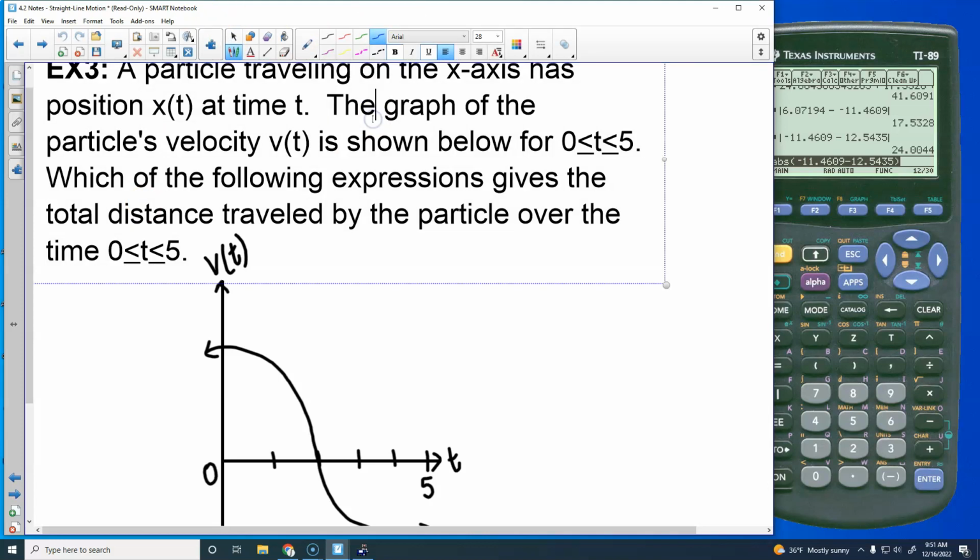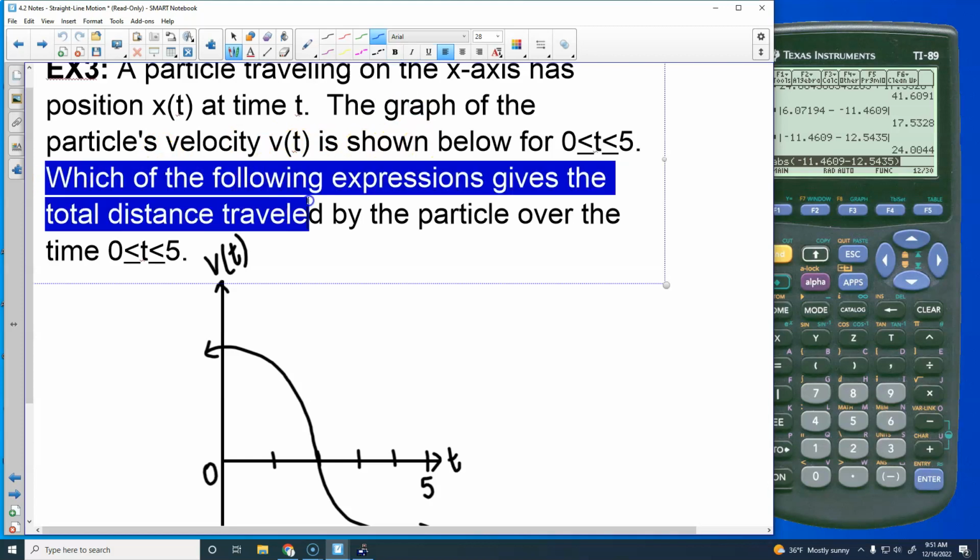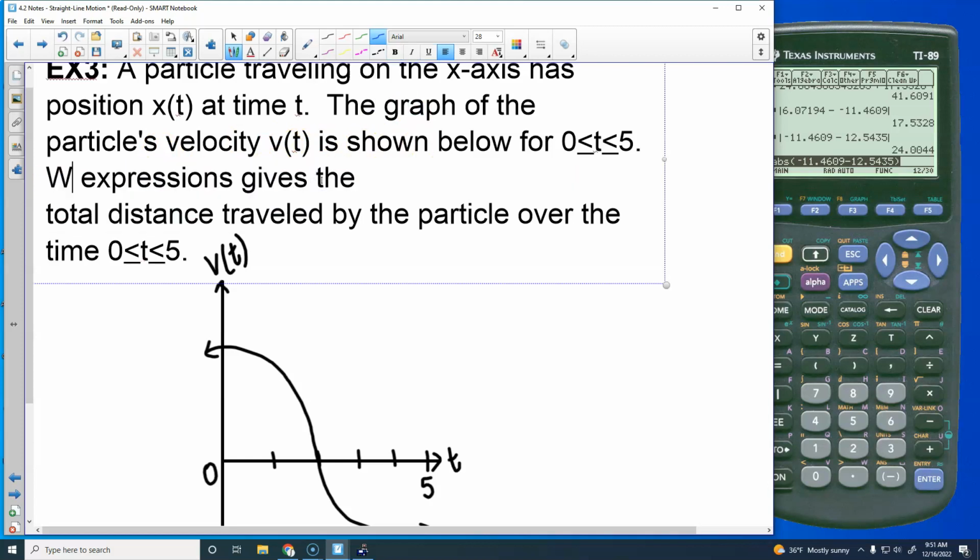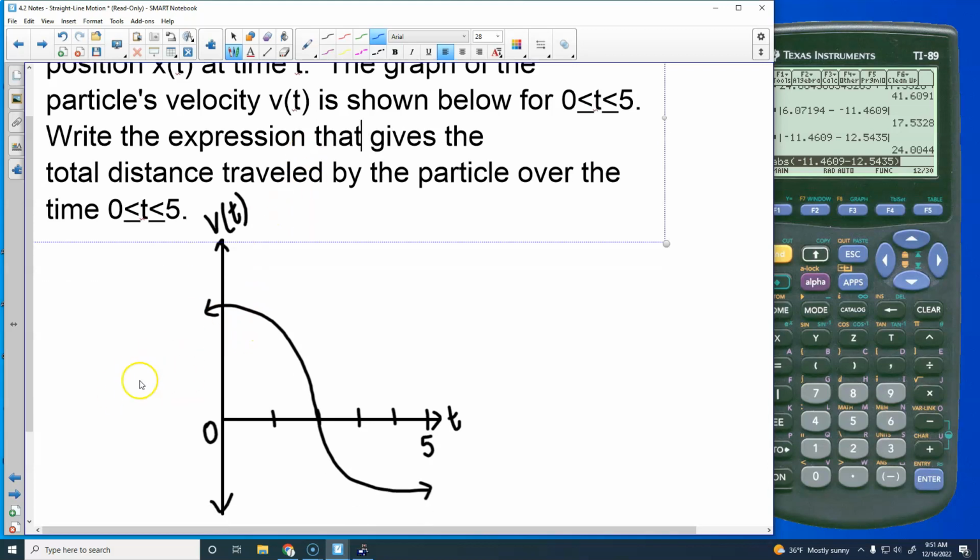Instead of which of the following, write the expression that gives the total distance traveled by the particle over time. So our expression is going to be in terms of x of t. It will not be a value here.